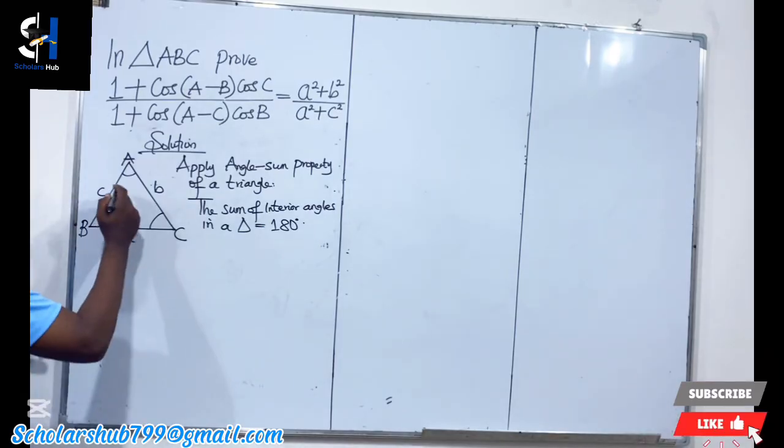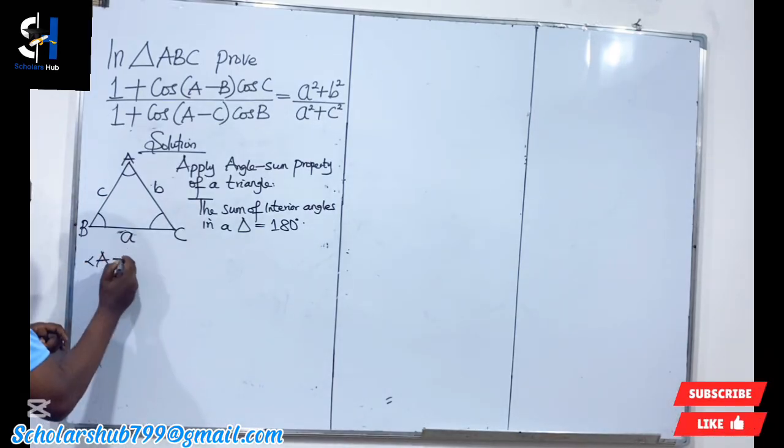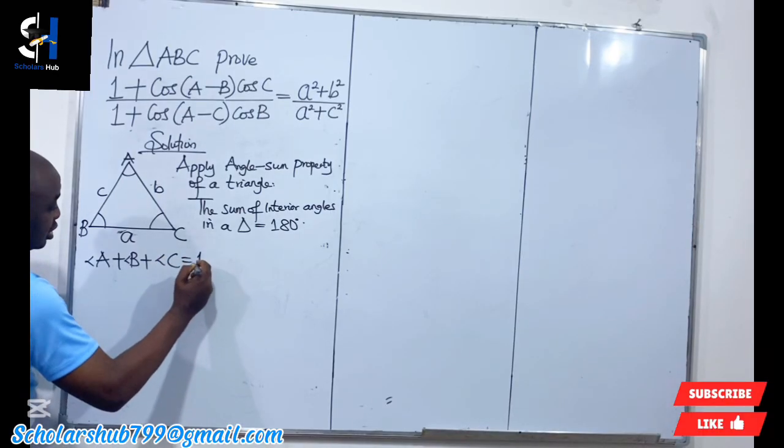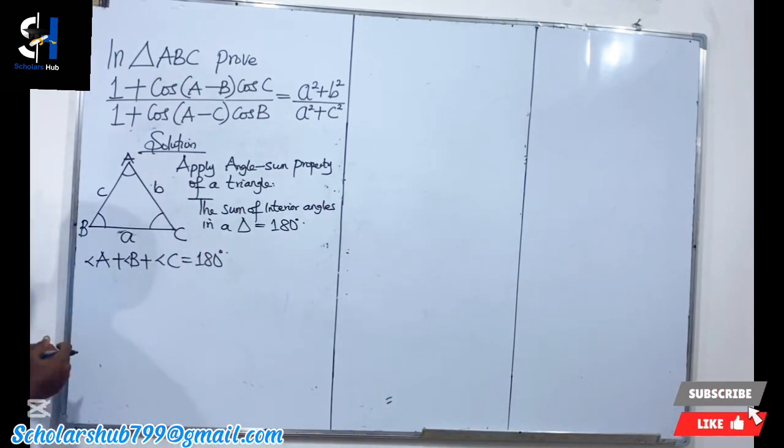So the sum of angle A, angle B, and angle C is equal to 180 degrees.